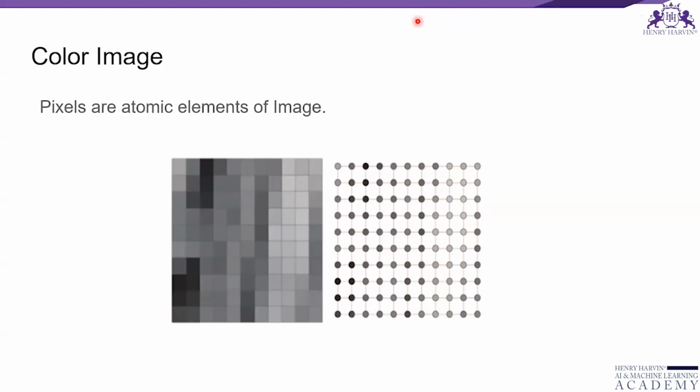Let me give an example now. Say a computer has a display resolution of 1280 into 768. So 1280 into 768, what do you get?